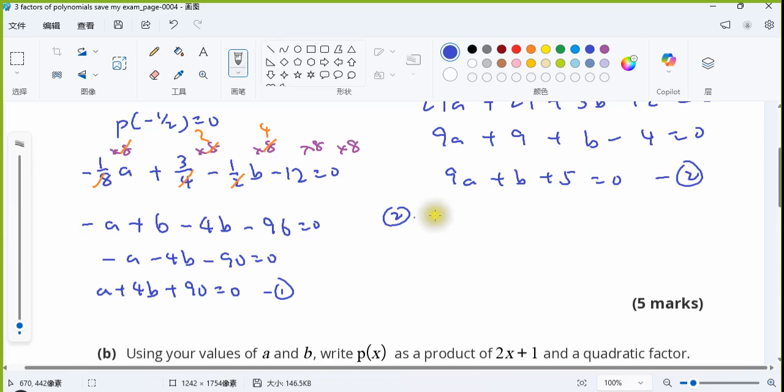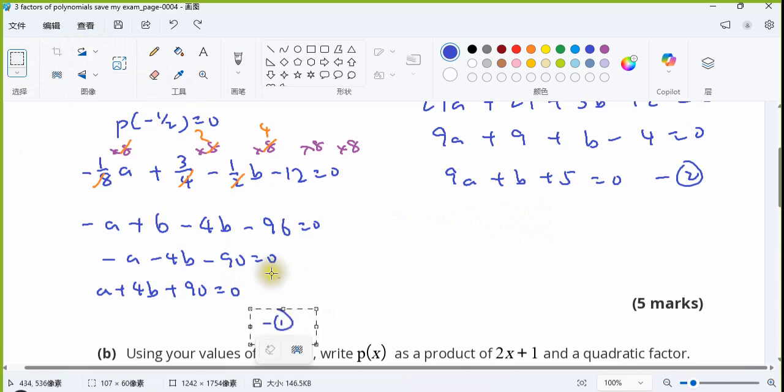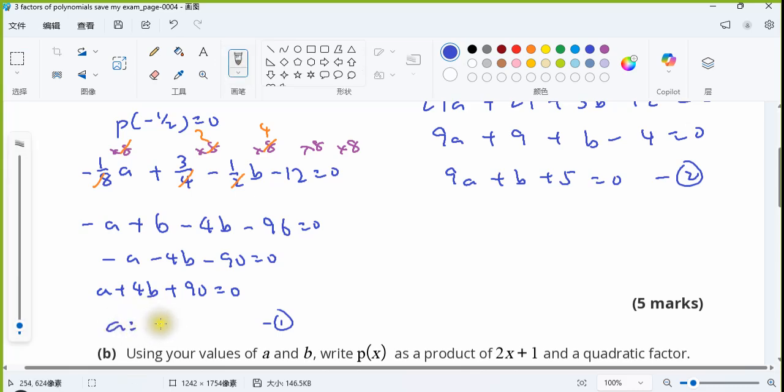So we use the equation 2 minus the equation 1. Then no, cannot. So the equation 1 is actually a equal to negative 4b minus 90. So sub 1 into 2.